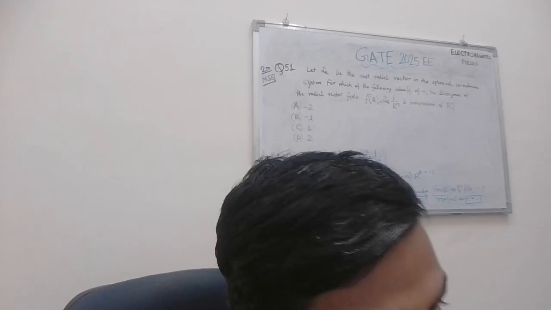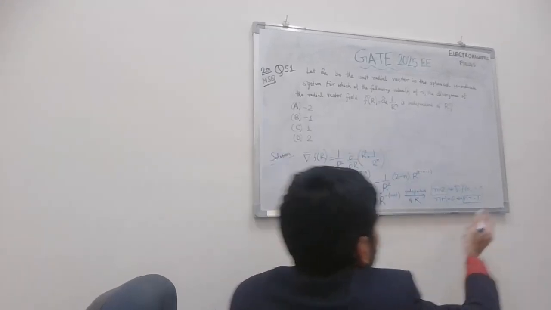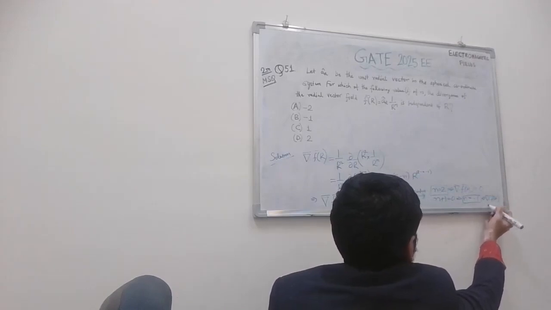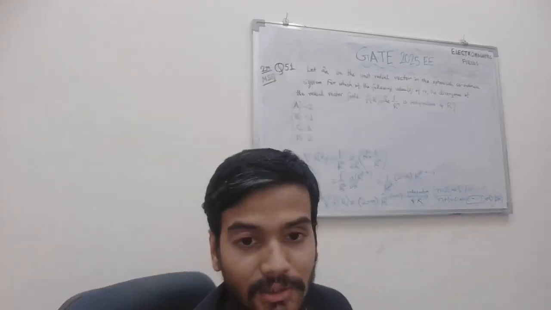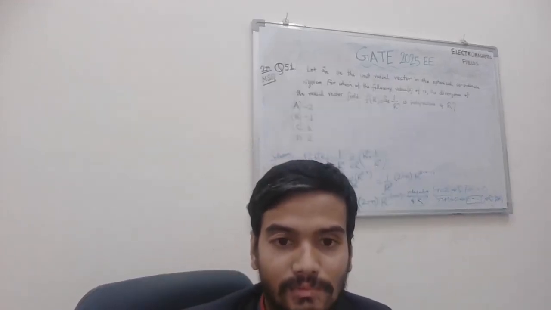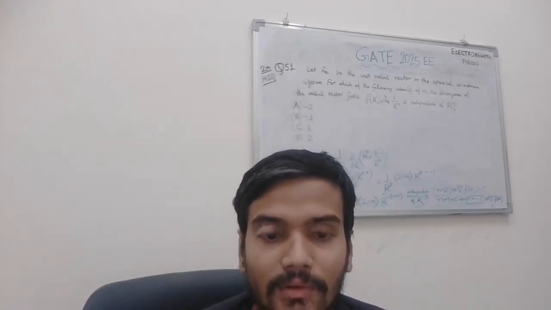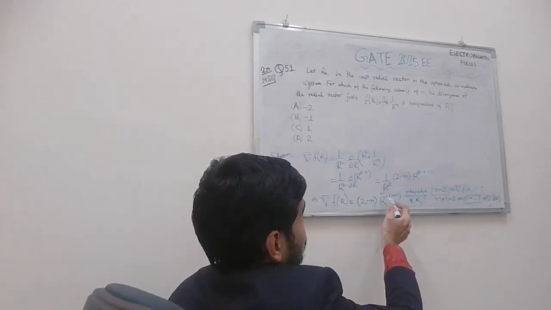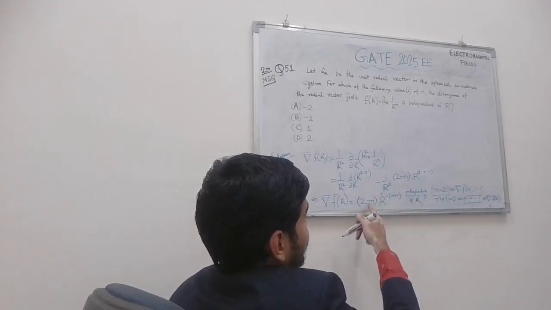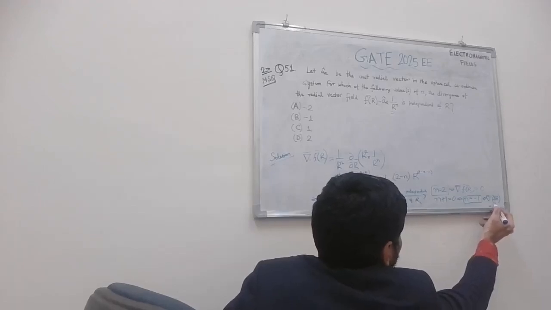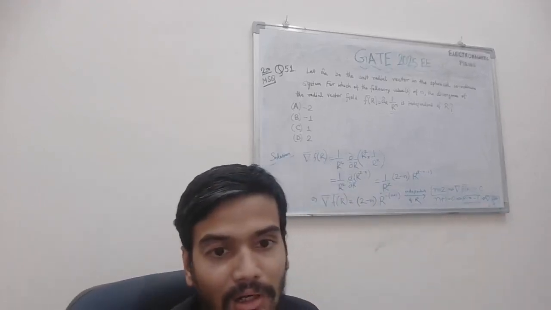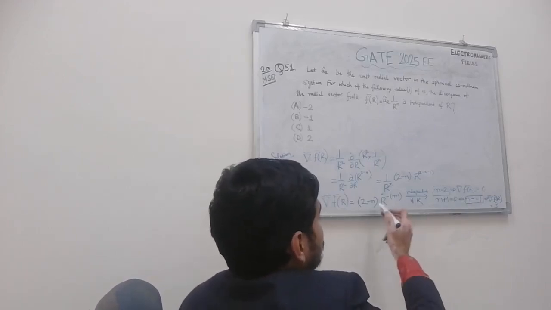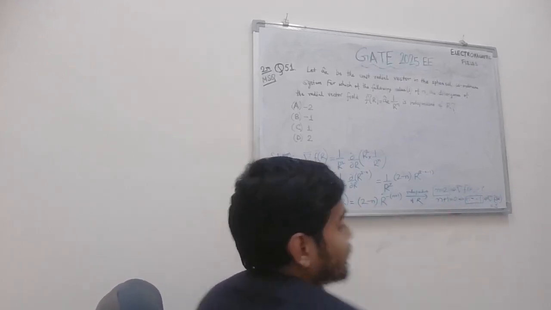In the n equal to minus 1 case, what will happen? If we put minus 1 in place of n, the r term will vanish, r to the power 0 becomes 1, and 2 minus n becomes 3. So this is also independent of r, right? If n equal to 2, this vanishes, so divergence is 0. That is independent of r.